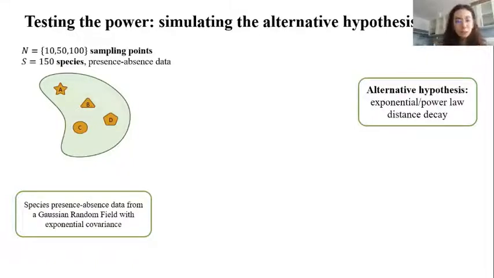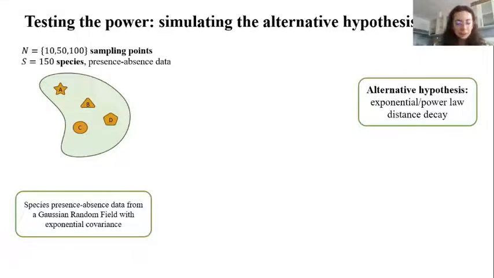A Gaussian random field produces a series of sampling points, and in those points it produces observations from normal variables that in our case would equal species.